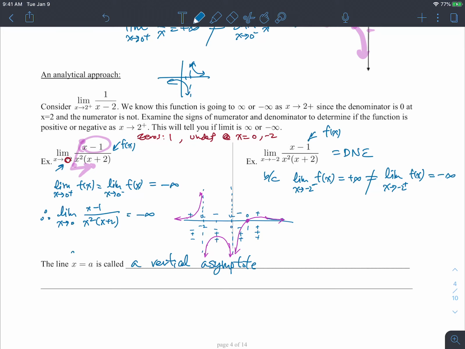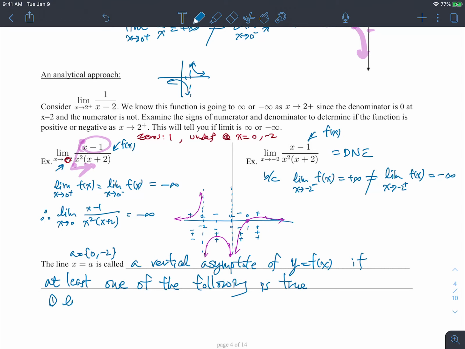Now, in our case, the line x equals a is called a vertical asymptote. In our case, the a consists of 0 and -2, right? Of y is equal to f of x if at least one of the following is true. Number one, the limit as x approaches a from the negative side of f of x is either positive or negative infinity.